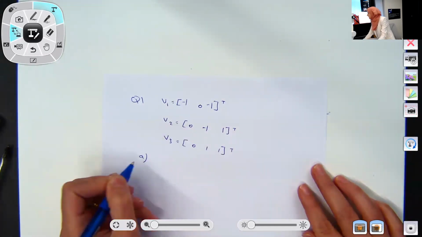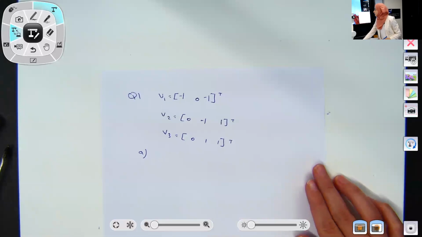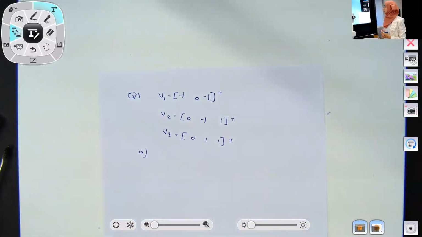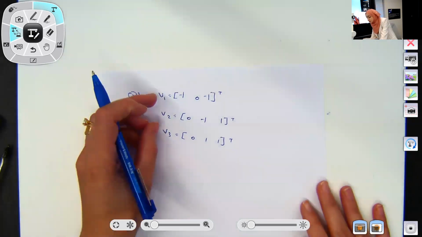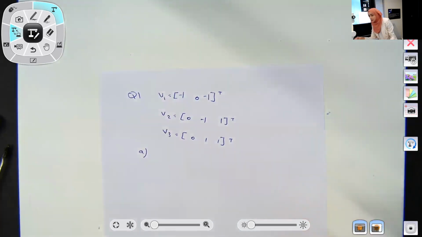In number 1, they ask you if these vectors constitute an orthogonal matrix. To be sure, we need to find an inner product between any 2 vectors. If the inner products between any 2 vectors from the matrix A equal 0, then we can say that these 3 vectors constitute an orthogonal matrix.